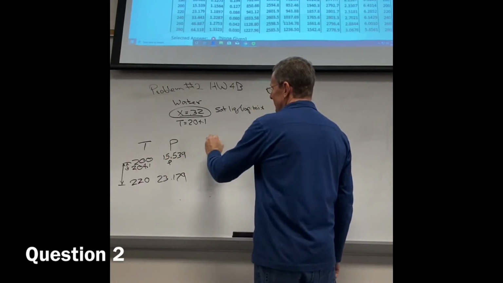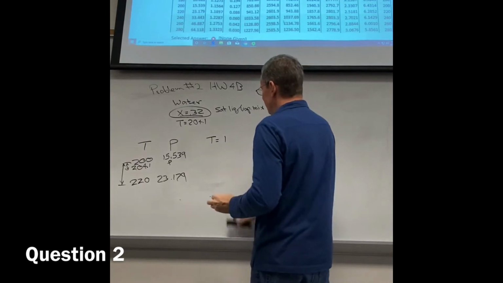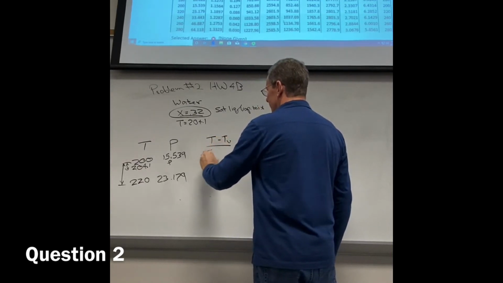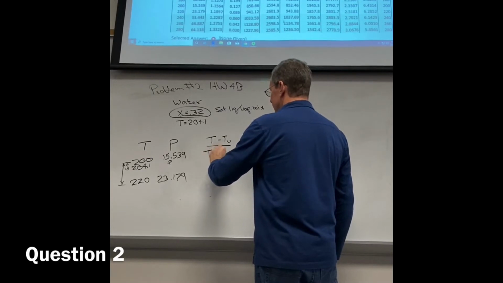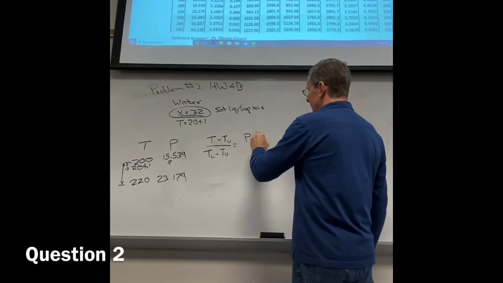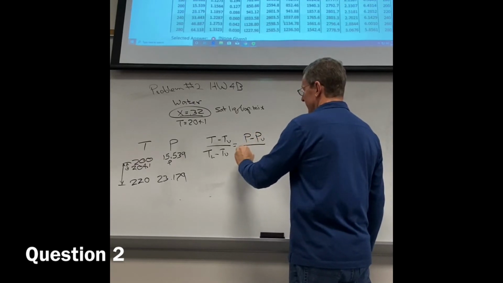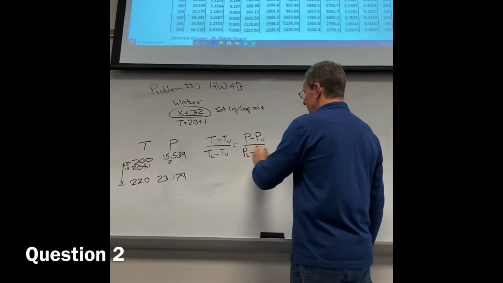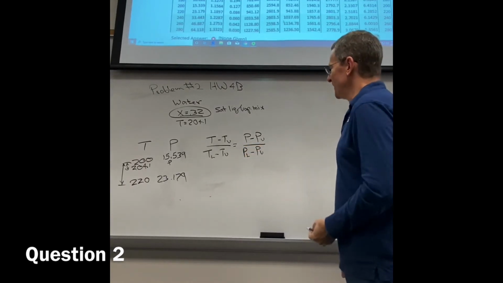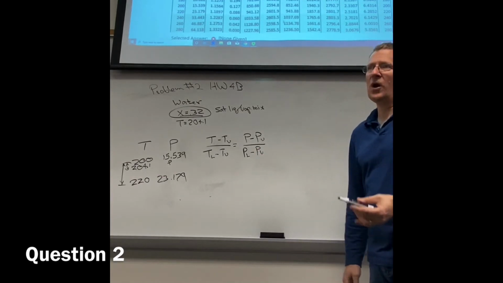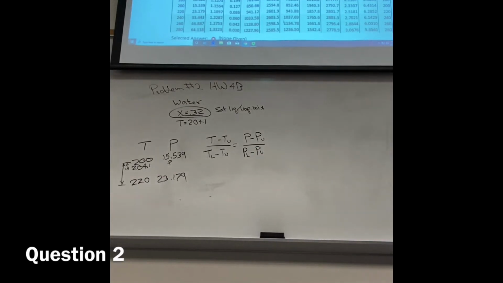So it's going to be T minus T upper over T lower minus T upper equals P minus the upper row divided by P lower minus the upper row. Then we plug in those values and we'll get a pressure, and it has nothing to do with quality. All the quality did was inform us that it was a saturated liquid-vapor mixture.